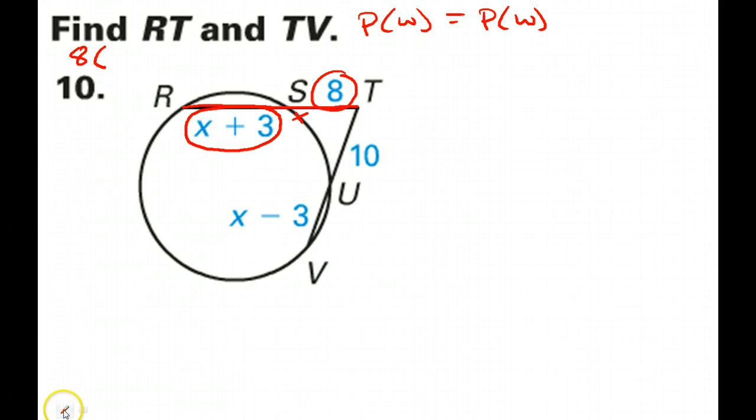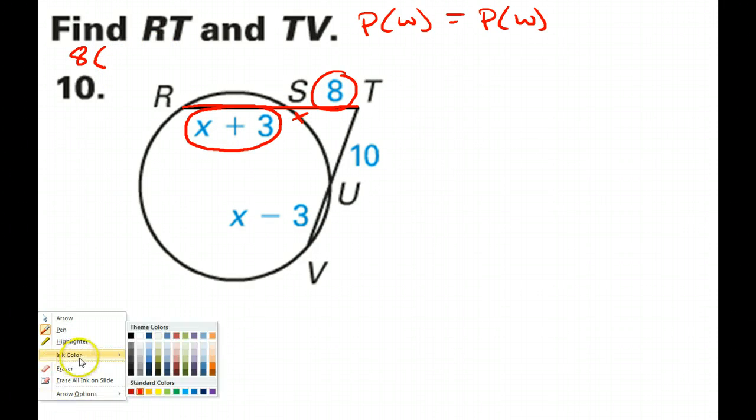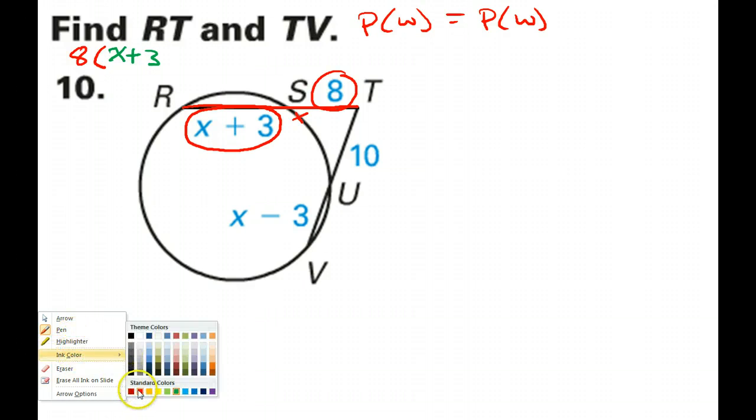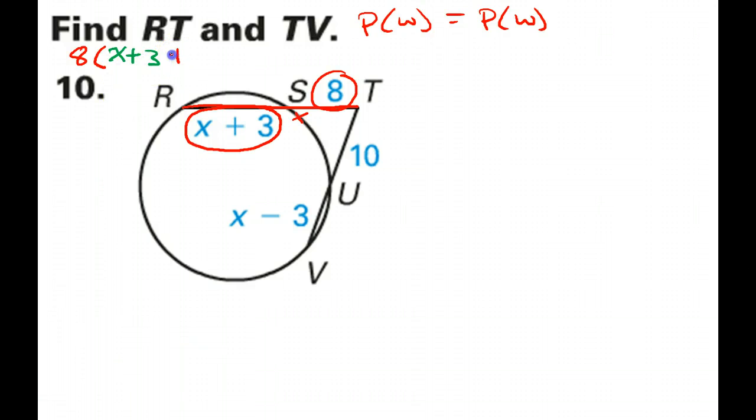Maybe I'll do different colors, because kids get thrown by this for some reason. So I've got my x plus 3, plus 8. It's this plus that. So that's the part, and this is the whole.